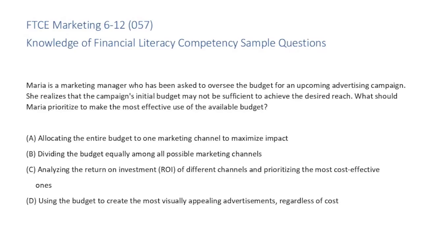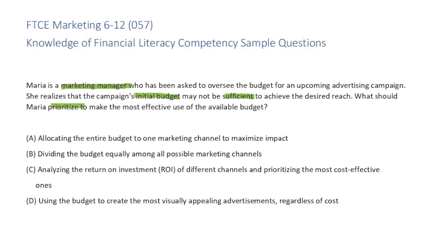Now, we notice that within the question, Maria's position is a marketing manager, so she's in charge of marketing the company. She's overseeing the budget for an upcoming campaign, and she notices that the initial budget may not be sufficient, meaning there's not enough money there to cover it. What should she prioritize? Analyzing the return on investment, the ROI, of different channels and prioritizing the most cost-effective ones is the best choice.